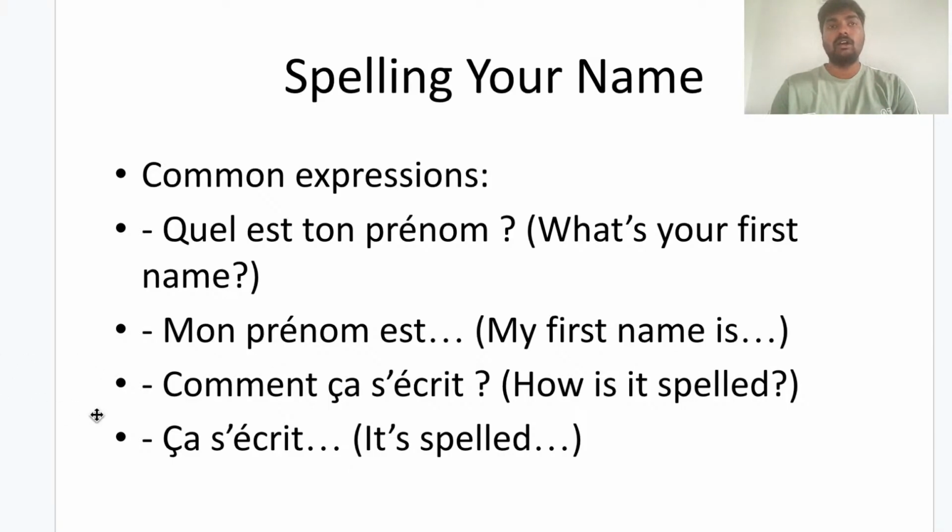And if you want to spell some French names, like Lupin. Lupin is a French name. It's actually a very good series on Netflix. I recommend all of you to watch that. And Lupin is spelled like this. In the same way, as we know in English, we have William.